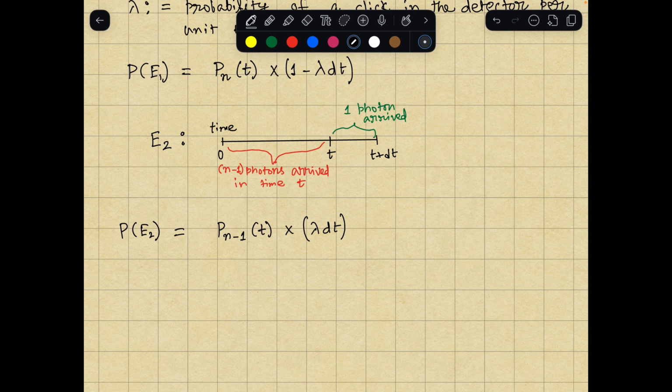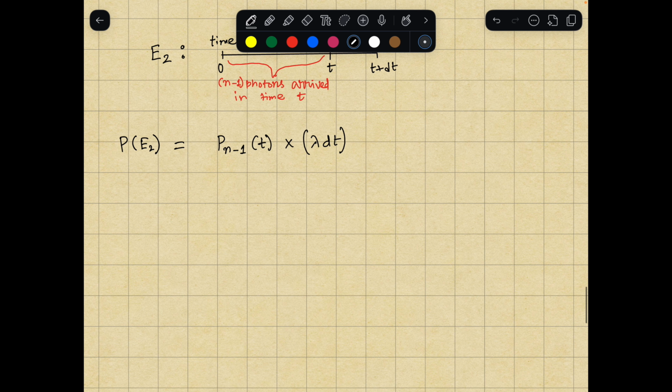Okay. Now one may ask a question: in time dt, why don't you consider 2 photons arrived?